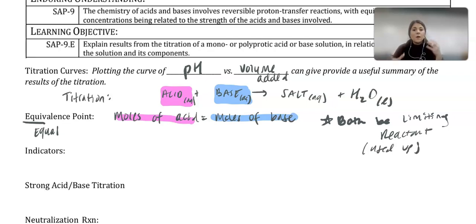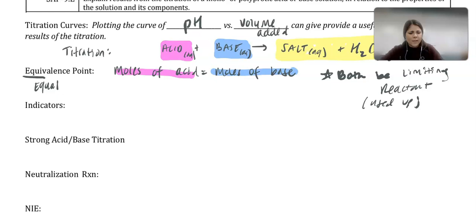And that way, if both of them are being used up, all that remains would be a dissolved salt and water. Now, depending on the type of titration, we can have different types of salts, neutral, acidic and basic, and this all comes down to the strength of our acid and base that are reacting. And we'll talk more about that later.